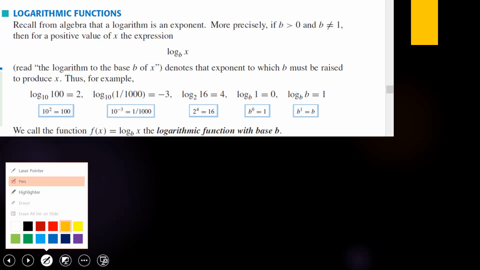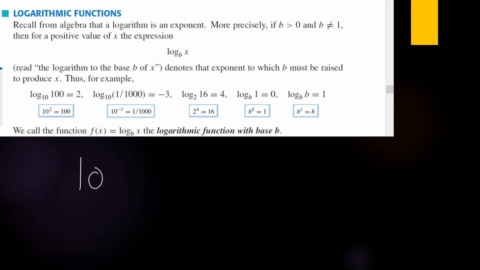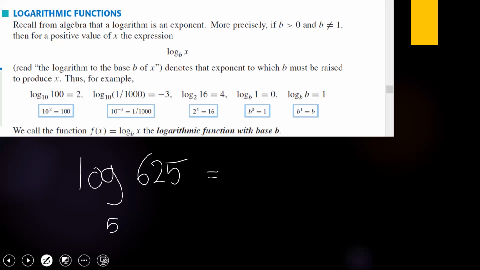Now let's have another example here. Logarithm to the base 5 of 625. Here, you have to ask yourself, what is the number that if you raise 5 to it, you get 625? Think about it.